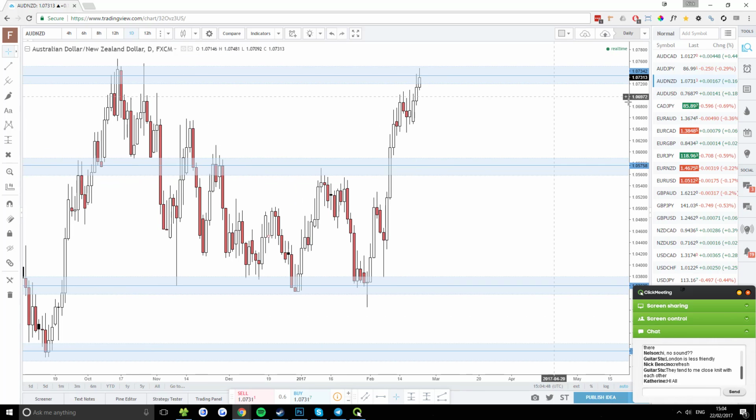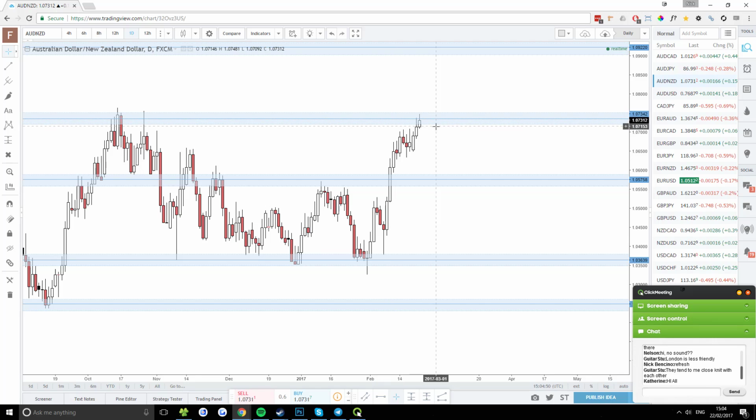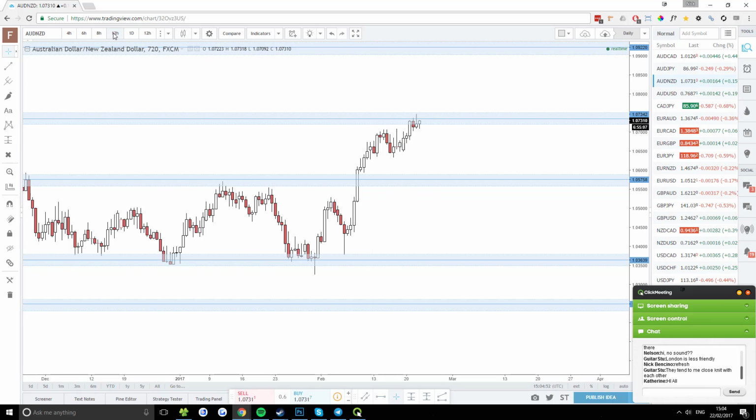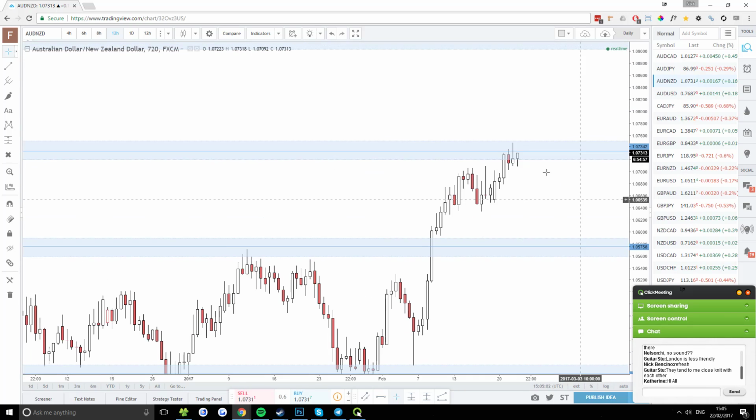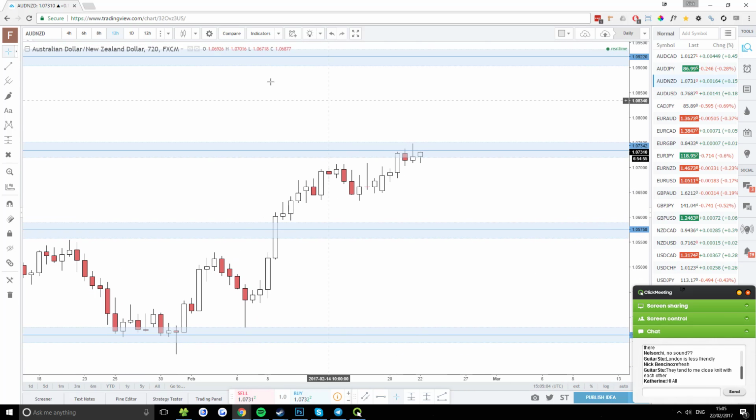AUD New Zealand, okay. That's interesting. Ooh. That's some pretty obvious stalling on the resistance area. Very obvious stalling on the resistance area. Looks a bit messy on the 12-hour though.